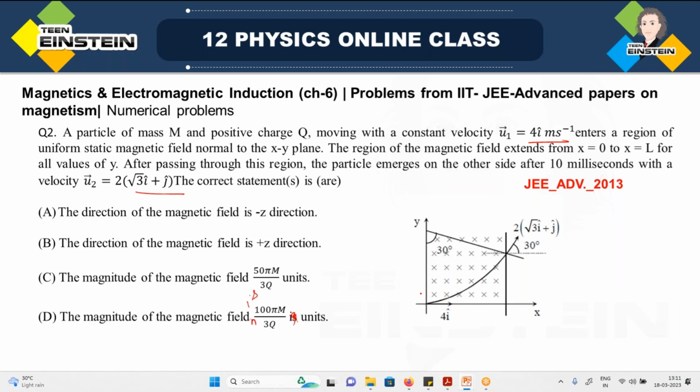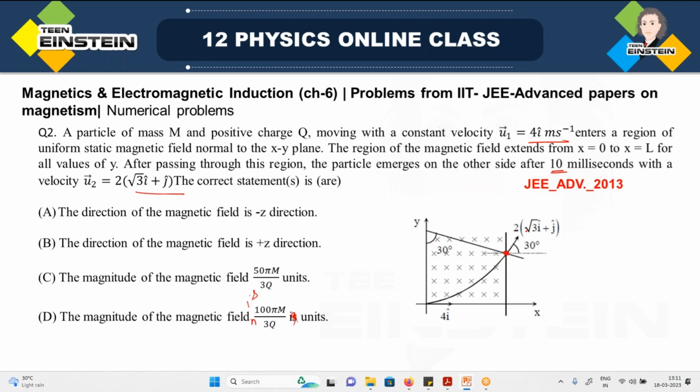The charged particle will stay inside the magnetic field for 10 milliseconds, and within that it will move up to this point.